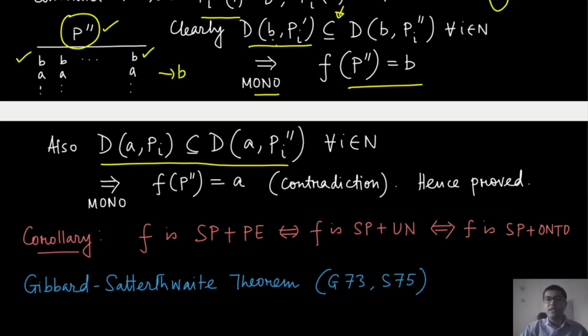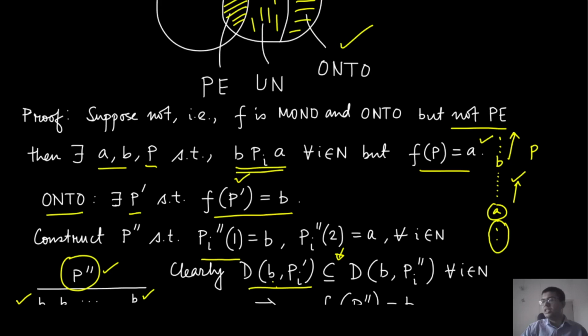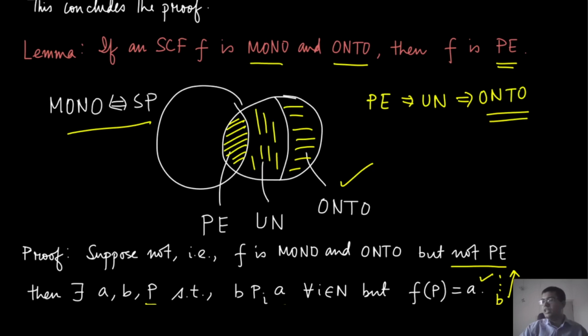Now you apply monotonicity again, and you get this outcome to be equal to B and to be equal to A, because at P the outcome was A. That was a not Pareto efficient outcome, and that is going to be a contradiction. So what we have assumed is not true. So if it is monotone and onto, it must be Pareto efficient.